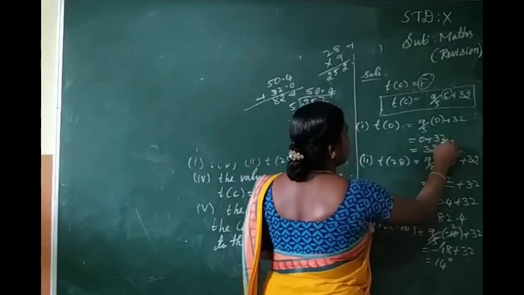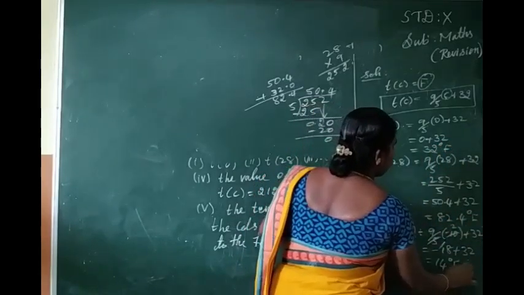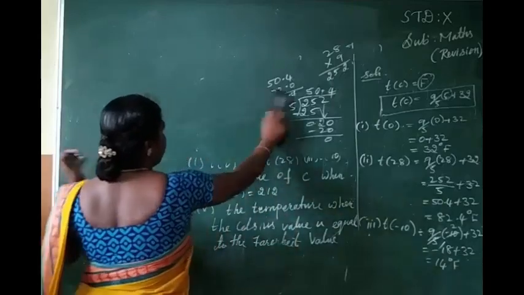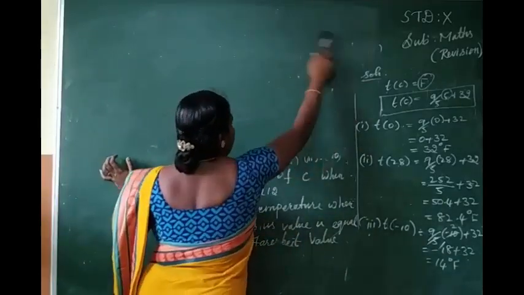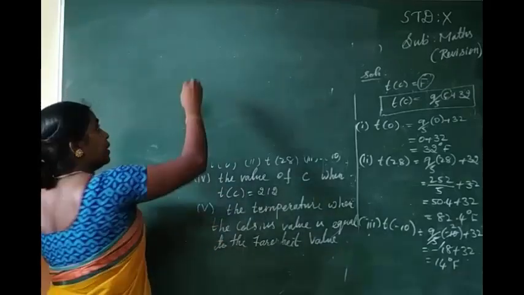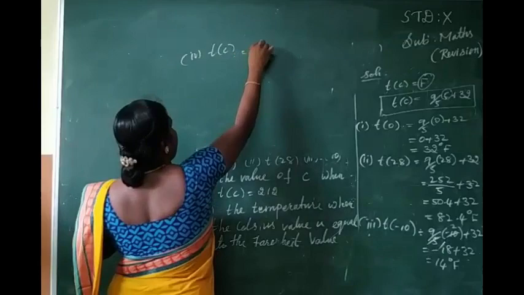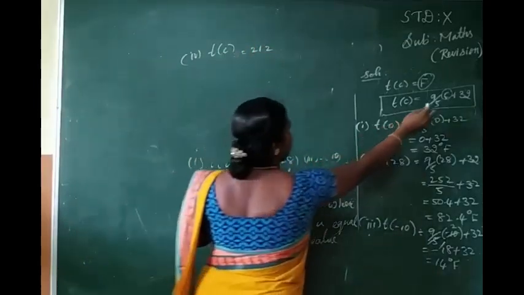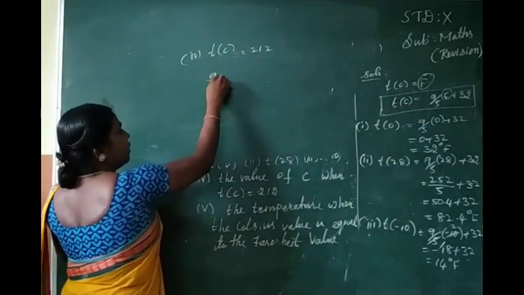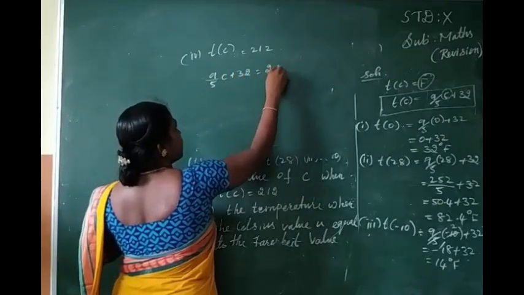So here you write with parentheses, okay? Degree also in parentheses here. Okay, next, the fourth subdivision is the value of c when t of c equals 212. So t of c means 9 by 5 c plus 32 equals 212.